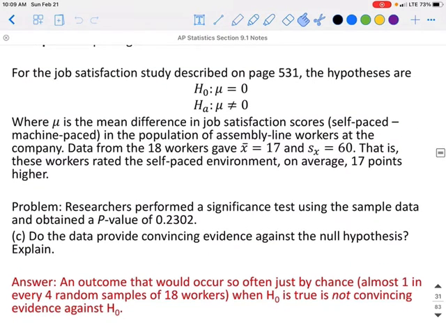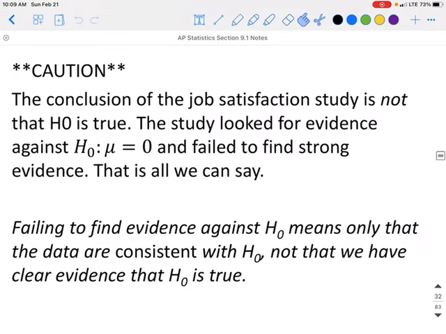An outcome that would occur so often just by chance, which is almost 1 out of every 4 times, when the null hypothesis is true, is not convincing. You want a very, very small number for your p-value before you can say it's statistically significant enough to reject that null hypothesis.